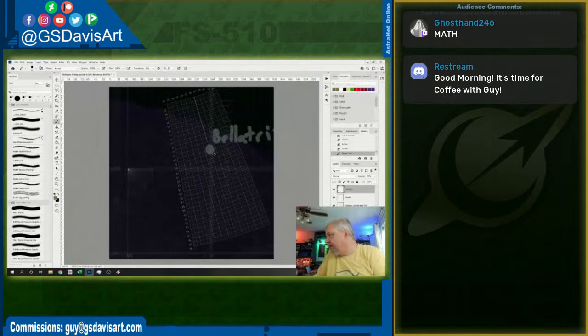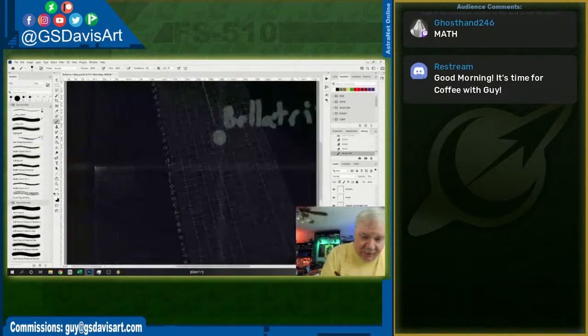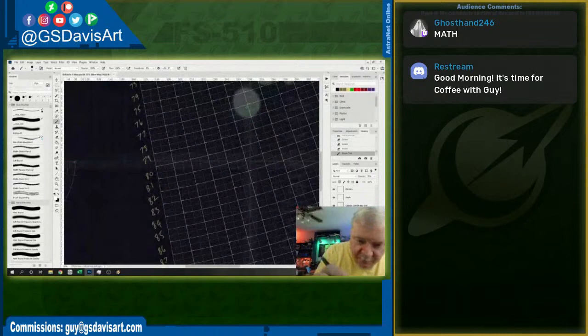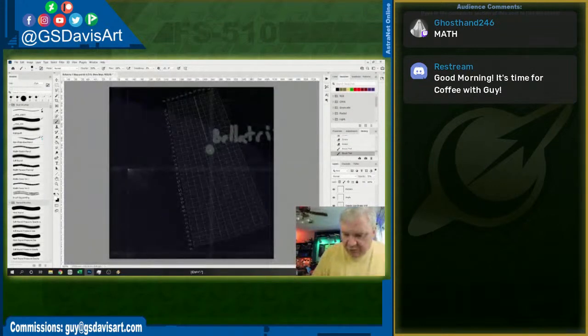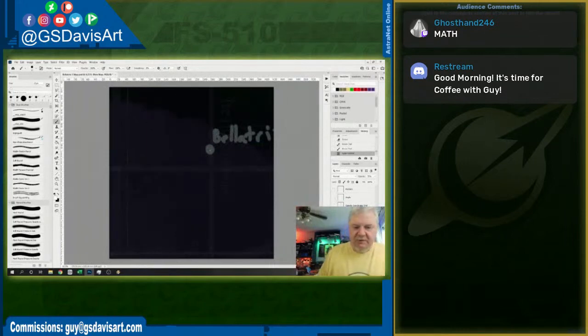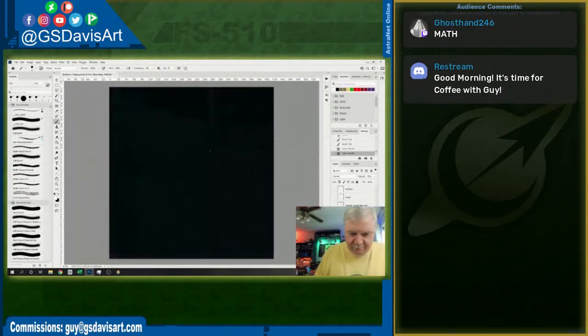Because I have now proven that Bellatrix is at the correct spot, good job. Bellatrix is at the correct spot on the map right here. So when we turn off all the grids, we get Bellatrix right there.